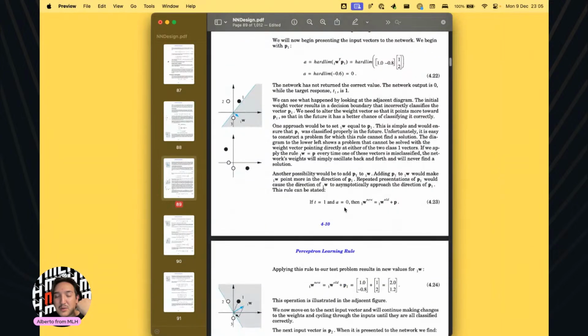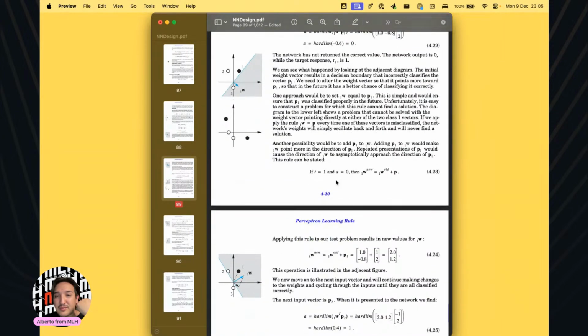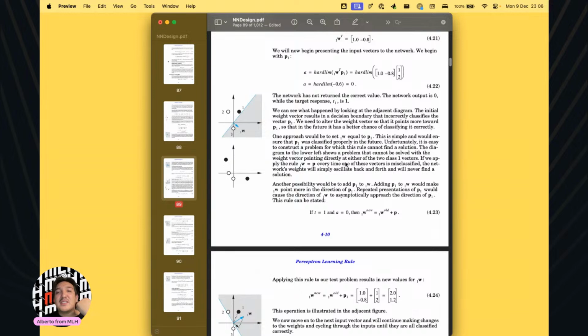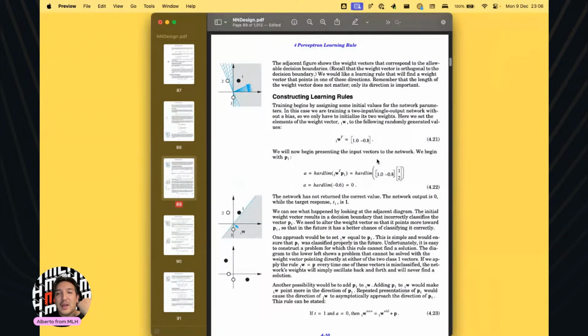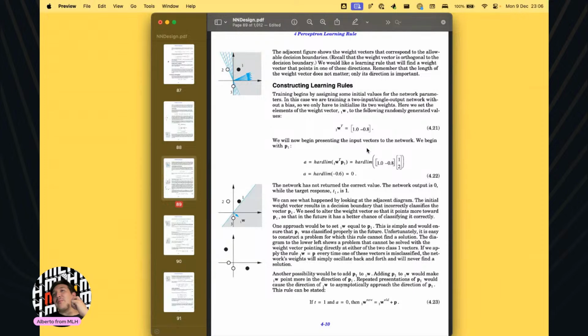Yeah, t is for target. Sorry, I forgot that. I need to introduce another concept here. Sorry if I skipped that.